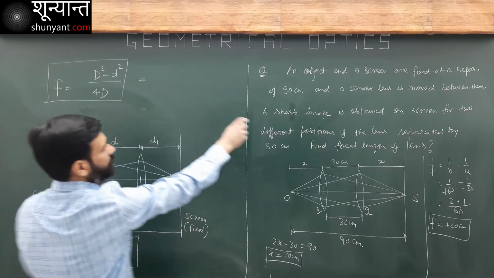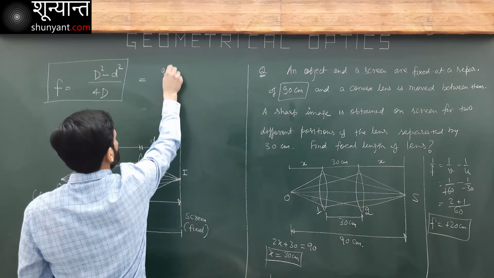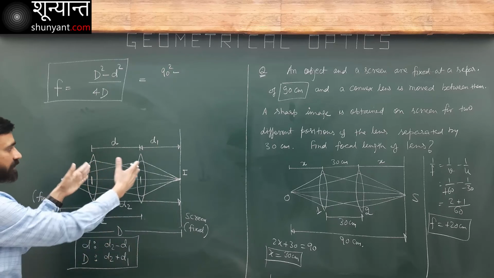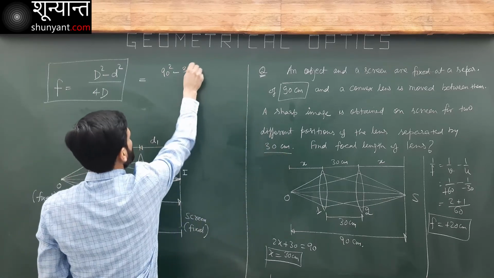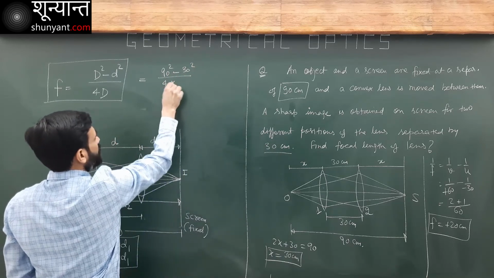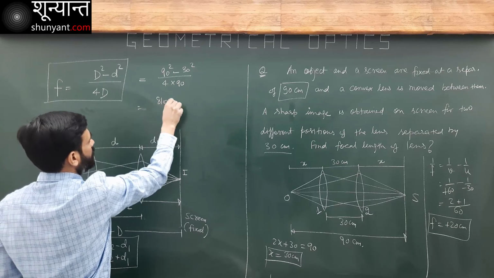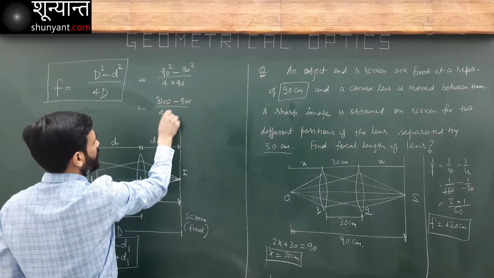Let's use this value. 90 centimeter is capital D. So this becomes 90 square minus small d square, where small d is the separation between these two positions, 30 centimeter. So 30 square over 4 times 90. So 8100 minus 900 over 4 times 90.